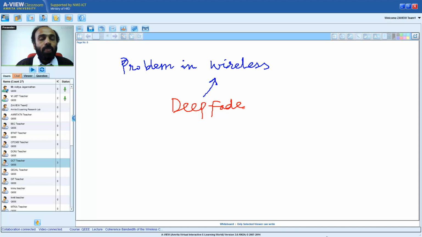This is the problem in the wireless communication system. So we have to devise innovative technologies to overcome this problem of high bit error rate due to the deep fade event.